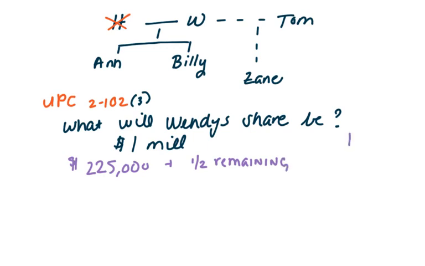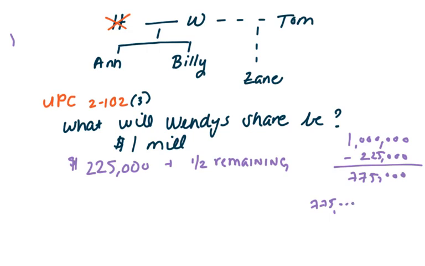Well, if we have 1 million and we subtract 225,000 from that, we get 775,000. Then we take half of that, and that gives us $387,500. So that is Wendy's share.